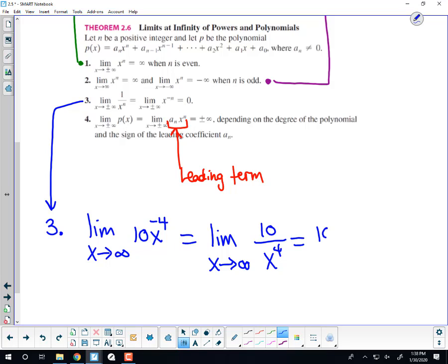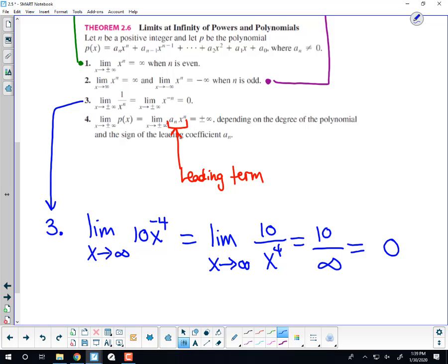And if we want to write this out like this, we've got to remember it's not that we're dividing by infinity. You've got to think in terms of limits. Infinity just means that thing's getting larger and larger. It's kind of like in 2.4 when we wrote positive 0, negative 0.